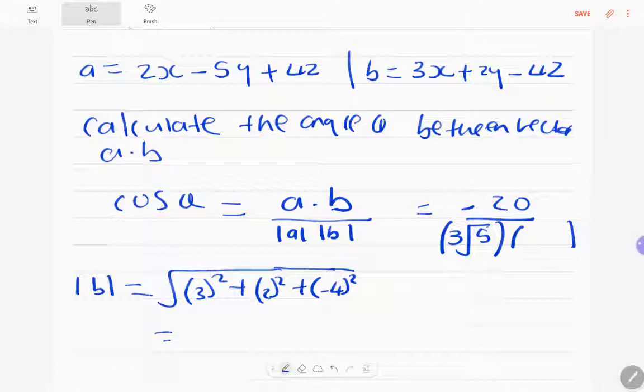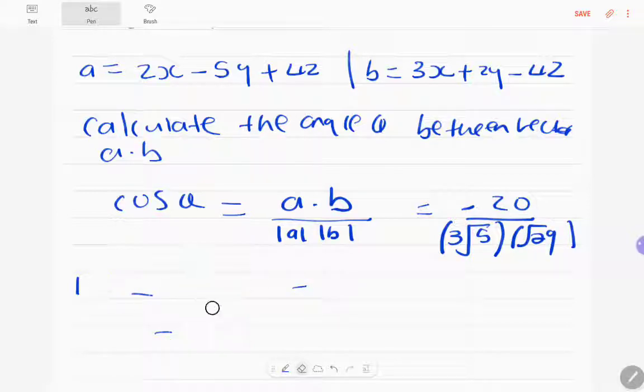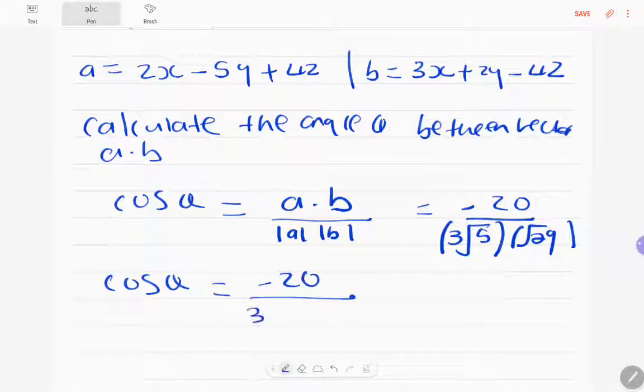This is root of 29. I now multiply it here, root of 29. Now, cos theta is equal to minus 20 all over 3 root of 5 multiplied by root of 29.